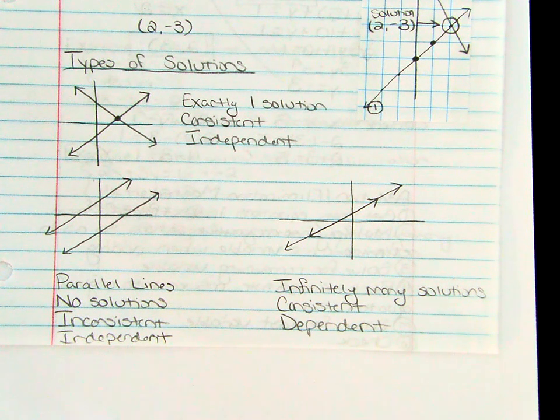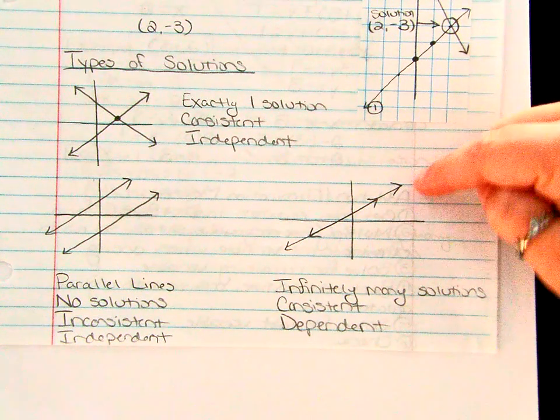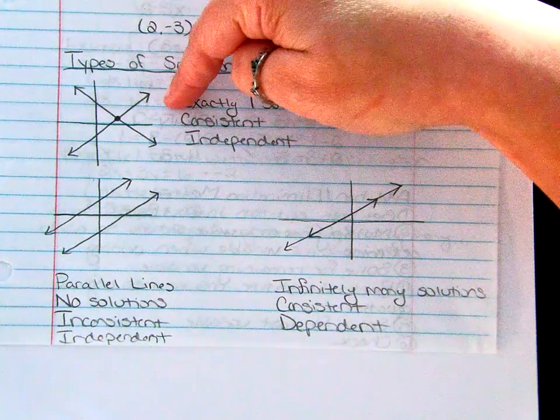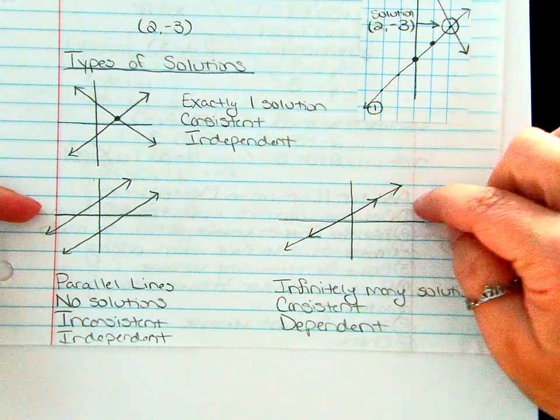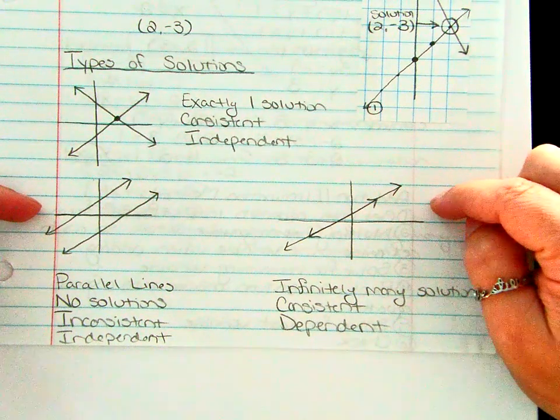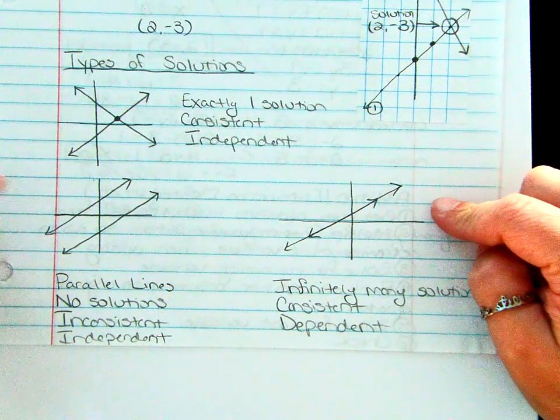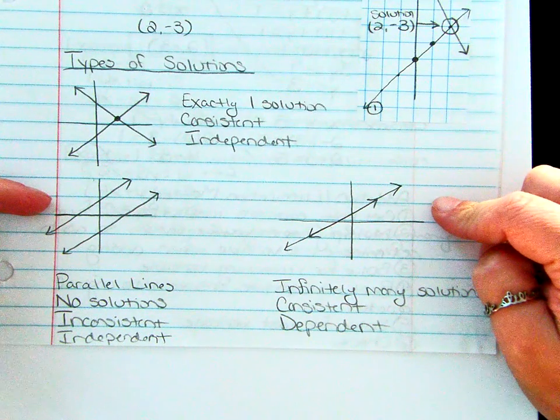And because they lie directly on top of each other, they have infinitely many solutions. Everything is in common, so these will have the same slope as well. The difference between the bottom two is, if you are dependent, you're going to have the same y-intercept as well. If you are parallel, you have different y-intercepts.